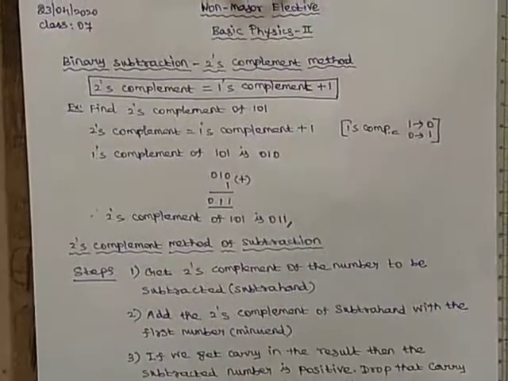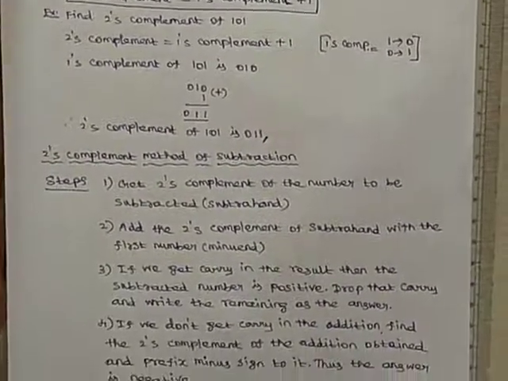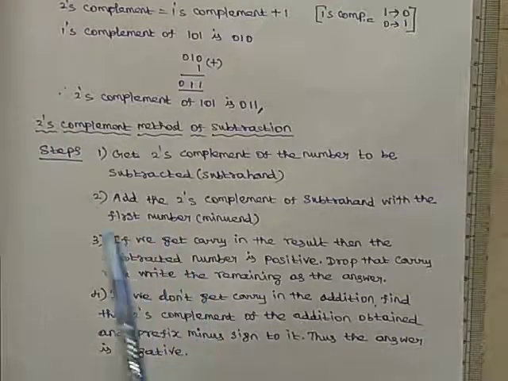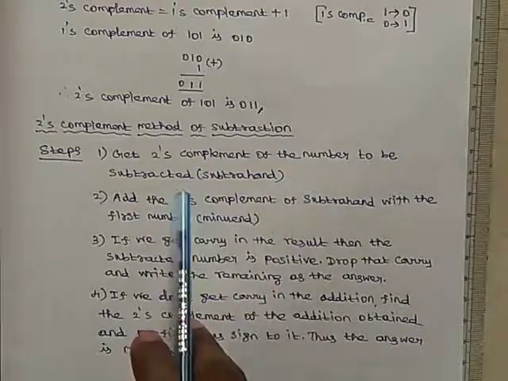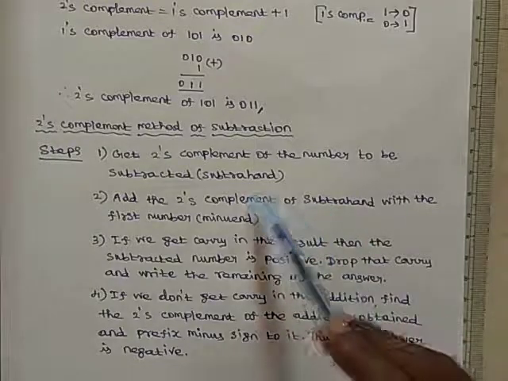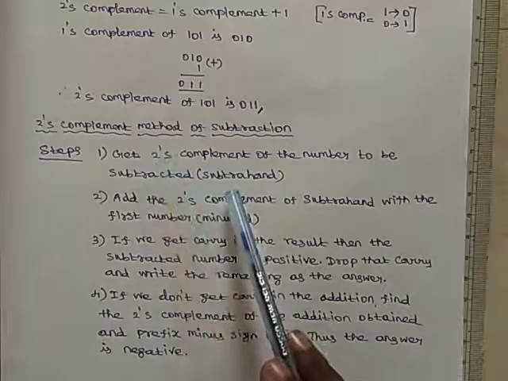As in the one's complement method of subtraction, here also we have 4 steps to follow. Step 1: get the two's complement of the number to be subtracted, the subtrahend. We know that the first number is called the minuend and the second number is called the subtrahend. In the one's complement method we took the one's complement of the subtrahend.